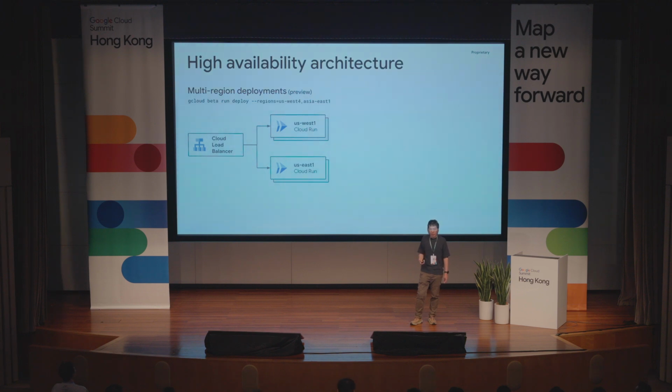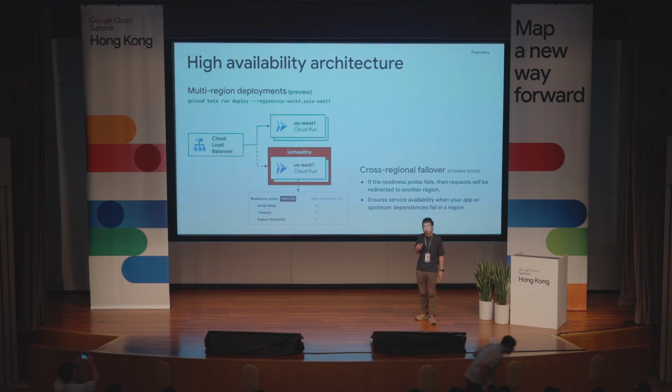What's coming soon is a cross-region failover. You add a readiness probe on Cloud Run, and if this readiness probe fails, it will automatically fail over to the other region. So the end user can still get better availability for the service.